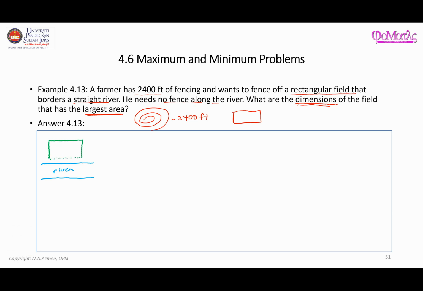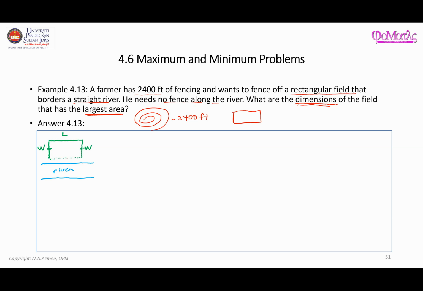So maybe that is how we can visualize the problem. And I'm going to call this length here L, and this one is the width of the rectangular area. And similarly, because this length must be equal to this length, this is going to be called W as well. So we need to find what is W and what is L. These are the dimensions of the field.